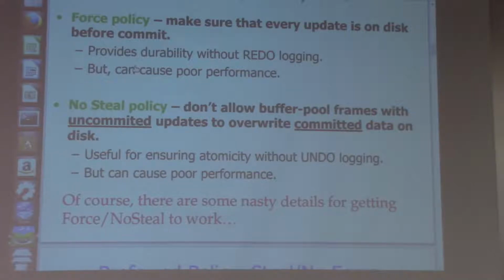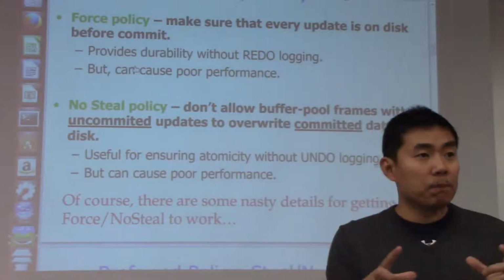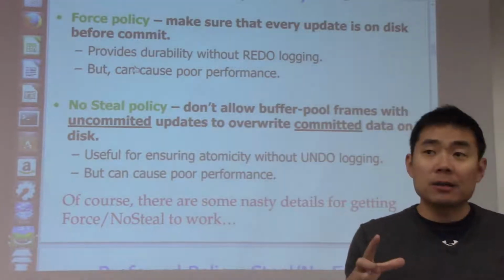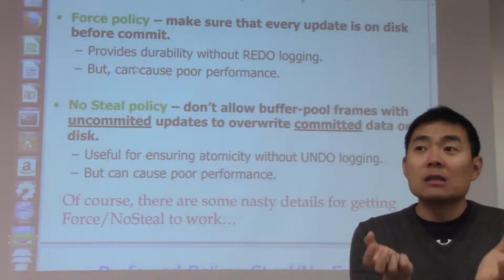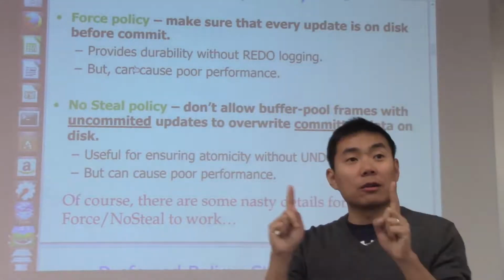What happens? Well, if this transaction later aborts, you need to worry about cleaning up the corresponding disk page, because now you have a disk page that holds uncommitted data. Whereas if you use the no steal policy, think about what happens.